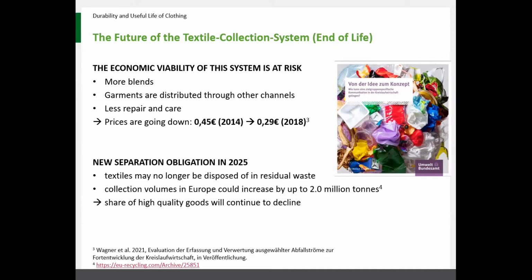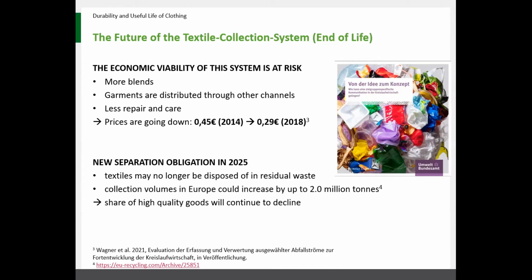And third, we can assume that consumers repair and care for their clothes less often, and this results in a shortened useful life and a bigger amount of discarded clothes. On these points, Uber published a brochure on how consumers can be better sensitized to the circular economy. I'm afraid it's only available in German, not in English.